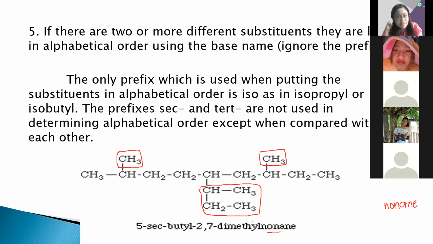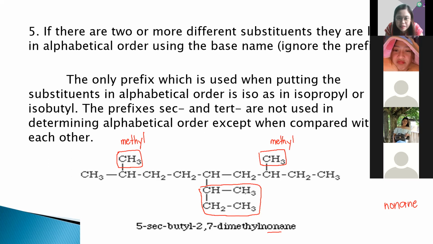Now, let us give names to our substituents, kasi marami tayong substituents. We have here 1 carbon. So, this is called a methyl. And then this one here is still 1 carbon. So, this is still a methyl. So, meron tayong dalawang methyl na hindi na-count sa parent chain.